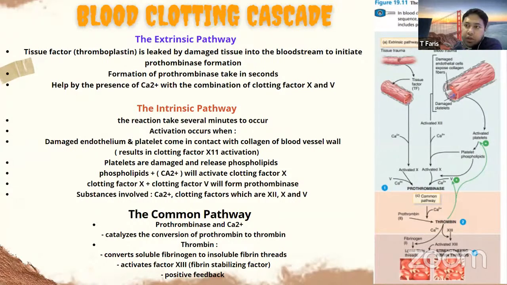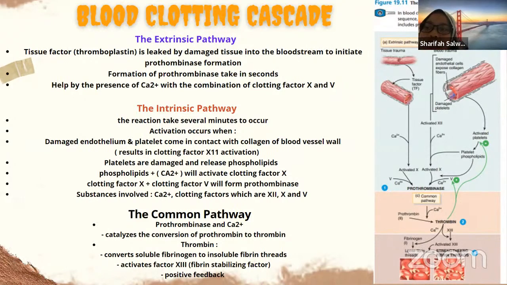Do extrinsic and intrinsic occur at the same time or different time? Different time, because it is either extrinsic or intrinsic. Because we want the 2 pathways to form prothrombinase. Which one comes first, or can they occur at the same time?